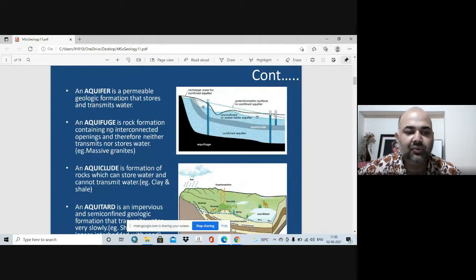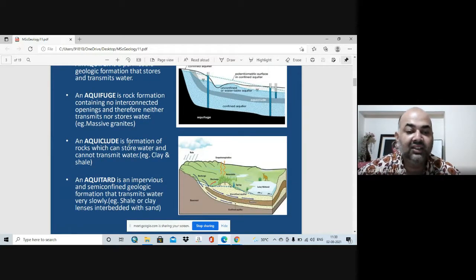An aquifuge is a rock formation containing no interconnected openings and therefore neither transmits nor stores water, that is massive granites. Then you have aquiclude, a formation of rocks which can store water but cannot transmit water, that is clay and shale.